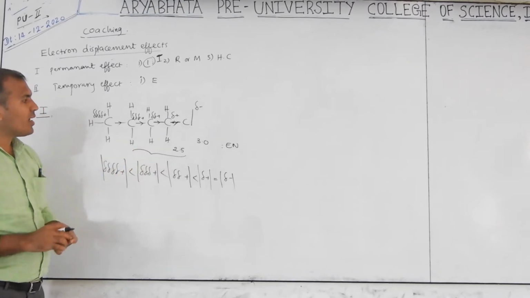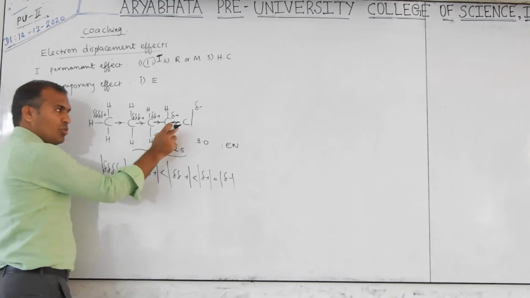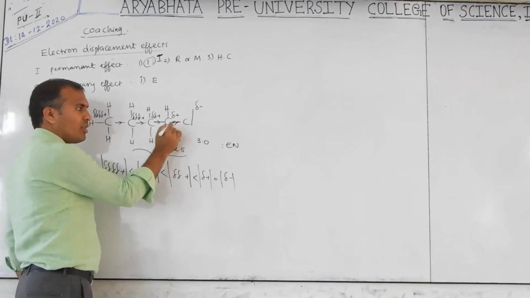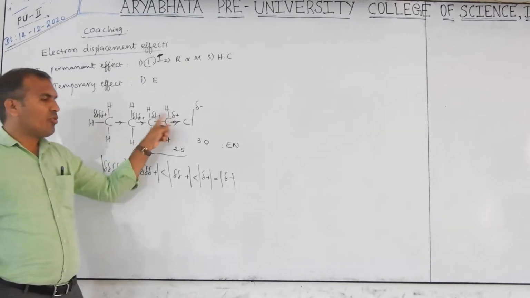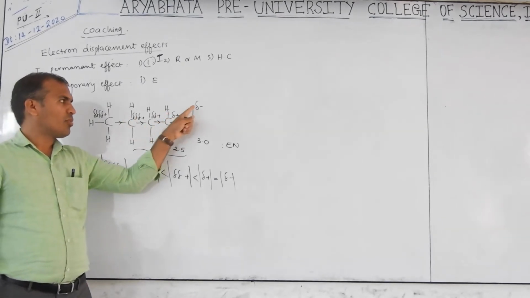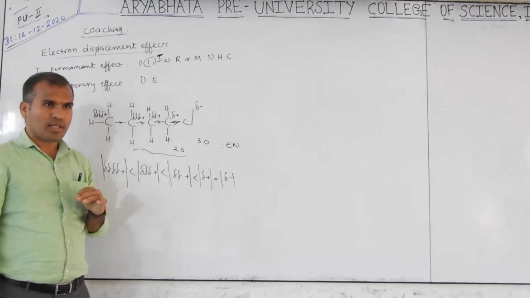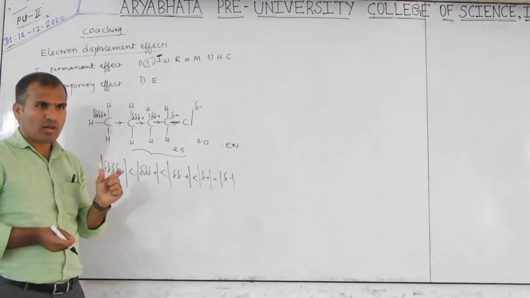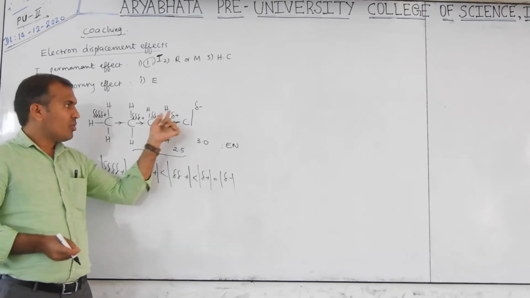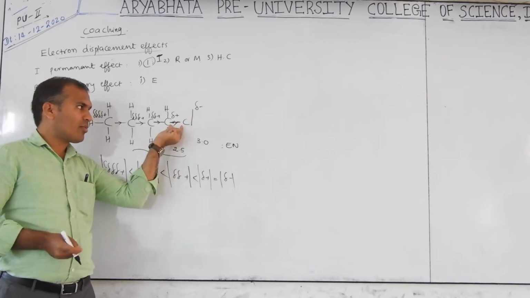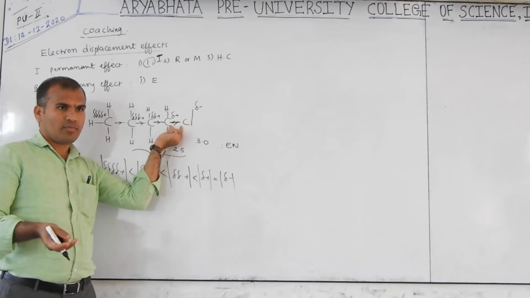Okay. Now what is the inductive effect? See, due to the electronegativity of chlorine, this bond is converted into polar. Before writing partial positive, partial negative, there is no charge; it means that is a covalent bond. Now it is converted to which type of bond? Polar covalent bond. So due to this electronegative atom, this bond is polarized.